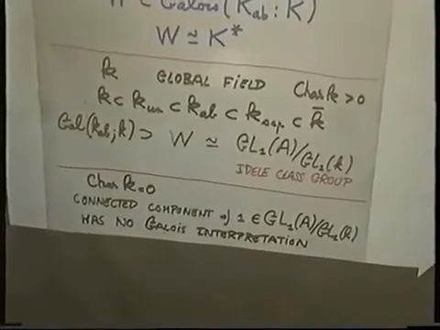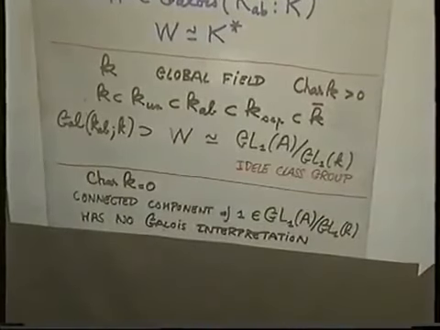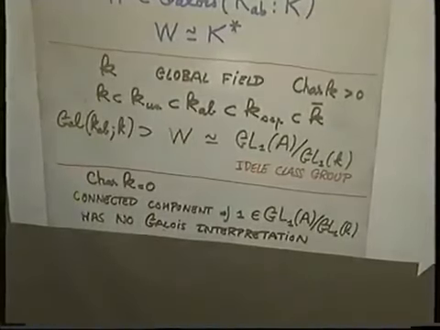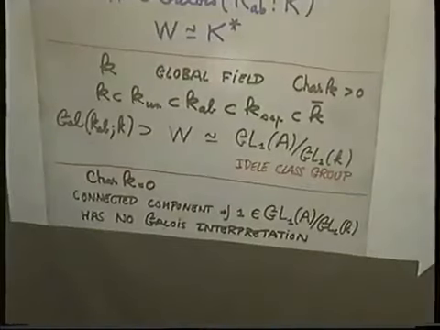There is no such interpretation. And if you think a little bit, you'll find out that there cannot be, because the Galois group is necessarily totally disconnected. If you think a little more, you'll know that it's totally disconnected because it's a projective limit of finite groups. It's a projective limit of finite groups because in the Brauer theory, we only think about finite dimensional central simple algebras.